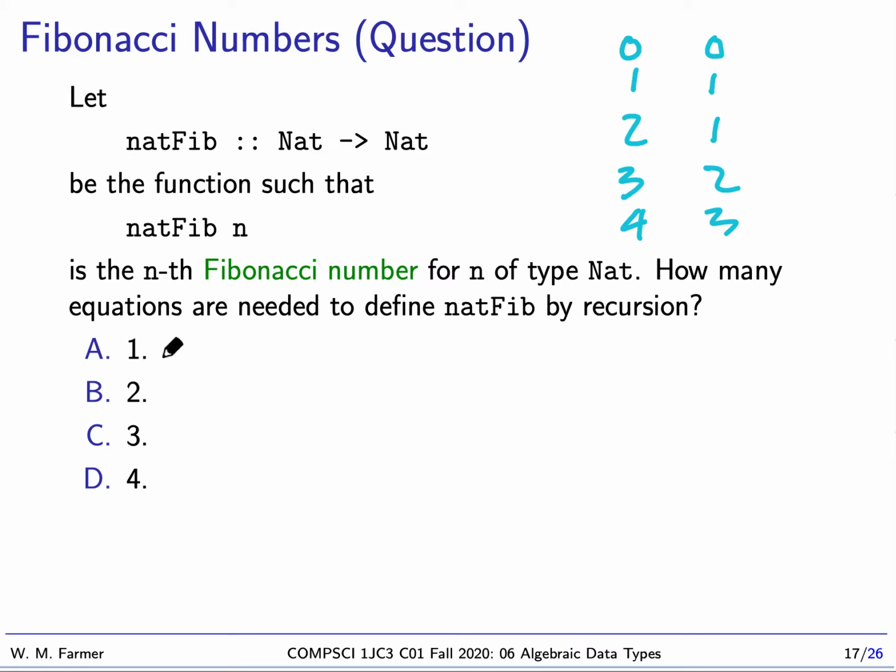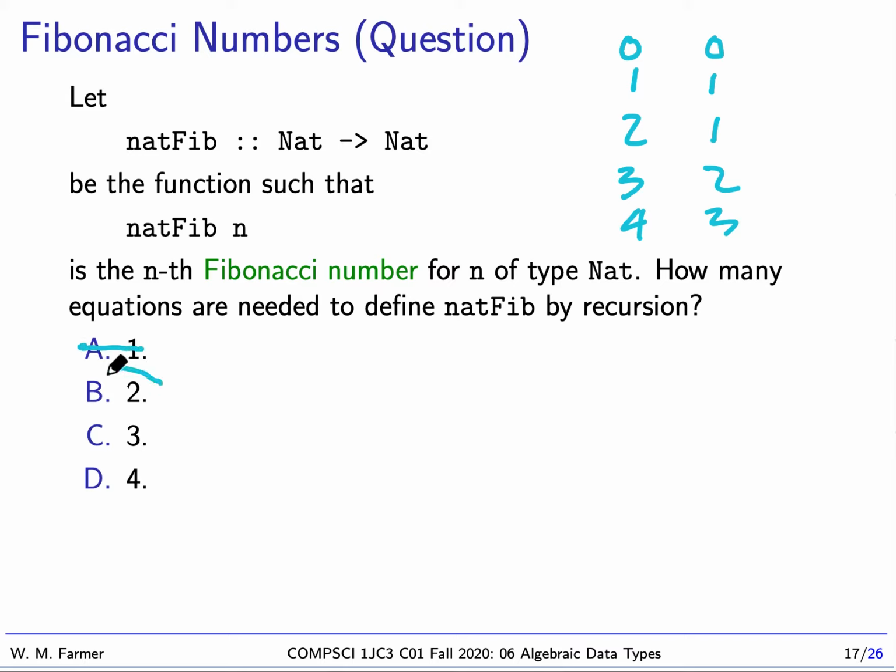Okay, so certainly it can't be 1, because NAT has two constructors, and we have at least two patterns, because we have two constructors. We usually need at least one pattern for every constructor.